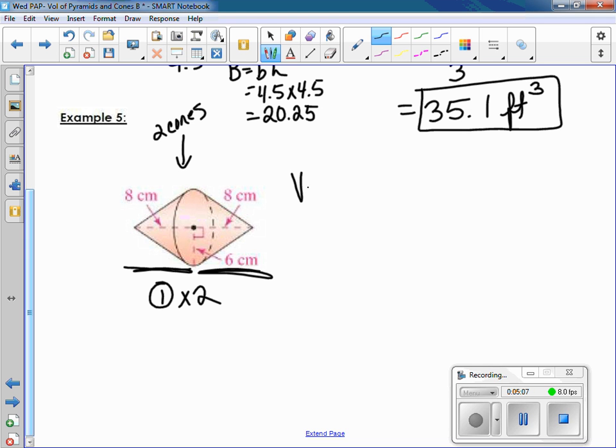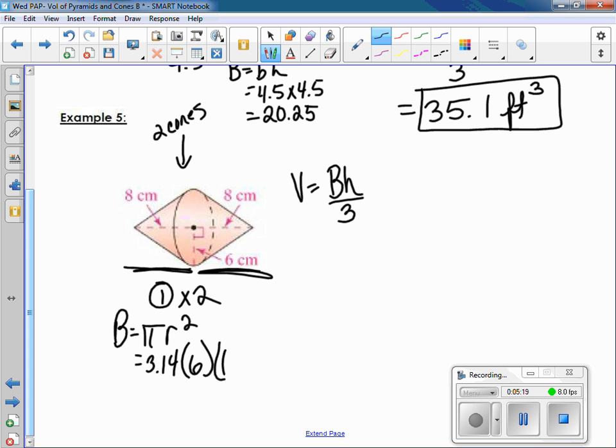So the volume of the cone is, again, big B times h divided by 3. And big B is going to be pi r squared. So I'm going to use 3.14. R is 6. So that's going to be 36 times 3.14, which is going to give me 113.04. The height is 8.